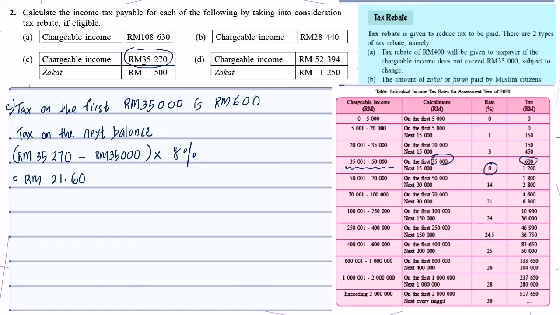Count the income tax, then you must determine got any tax rebate or not. So for this question, we have eligible rebate for zakat, which is 500 ringgit. Okay, so now we count the income tax.